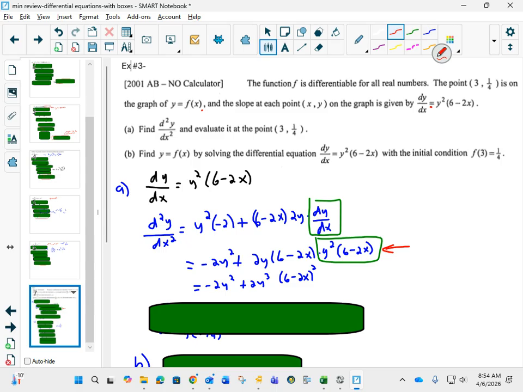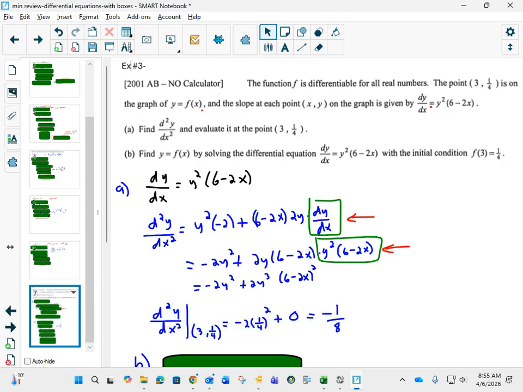This here would have been completely right for full marks. In fact, they would probably give you full marks for the d2y/dx squared, but in order to evaluate it at (3, 1/4), you do need to change it to the next step.